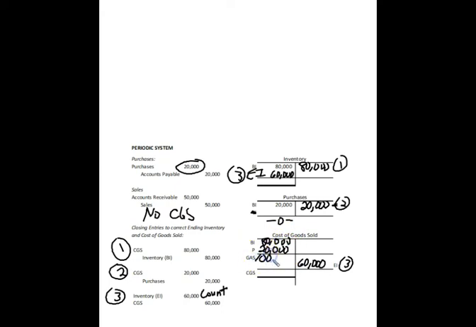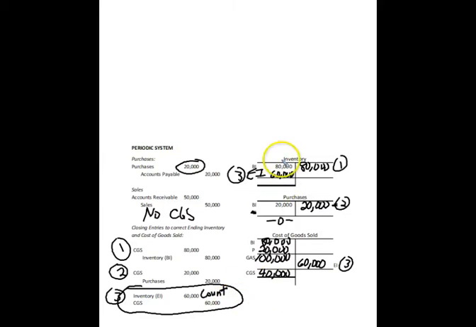That would give us $100,000 of goods available for sale. We subtract ending inventory, and then that would give us a cost of goods sold of $40,000. It is this entry right here, this physical count, that we are solving for in exercise 5. So we're doing all the stuff up above really just to figure out what the debit to inventory will be and the credit to cost of goods sold.